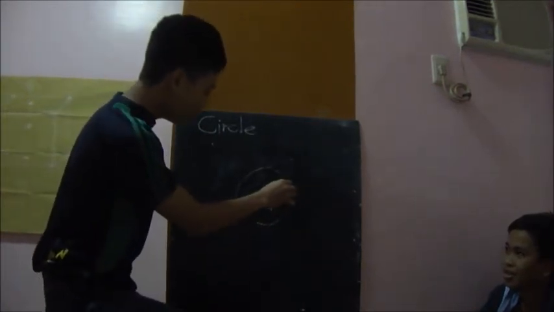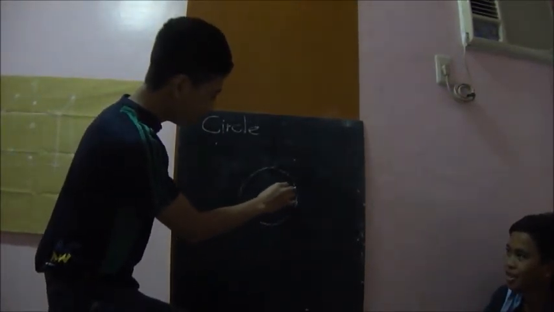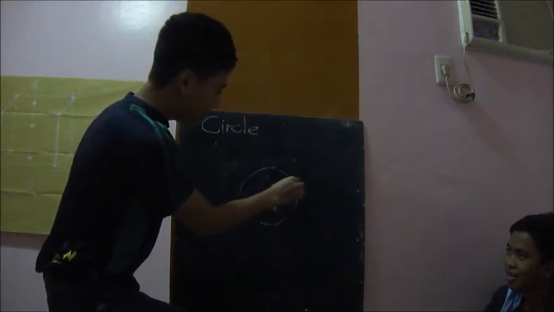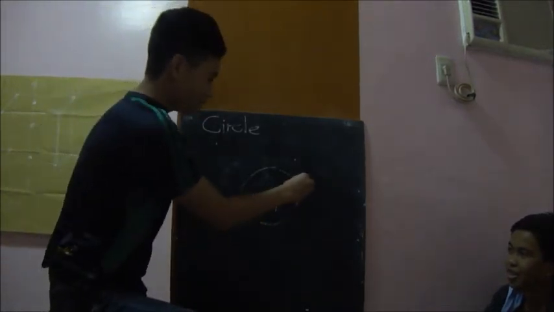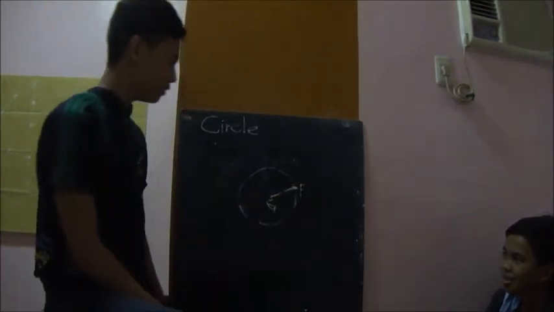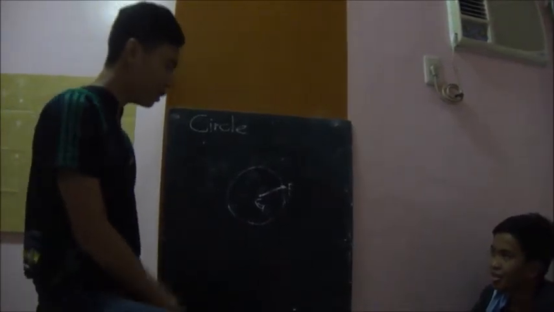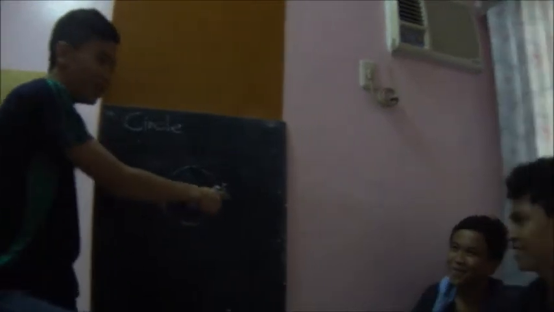If we put a point here, let's call it point F. This is line GF, and line GF is a radius.